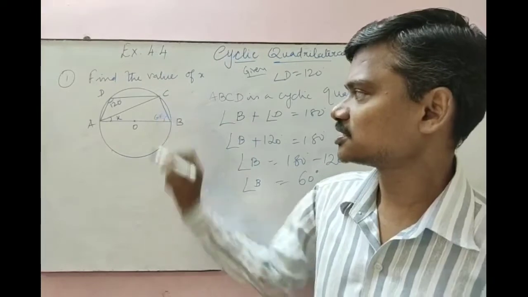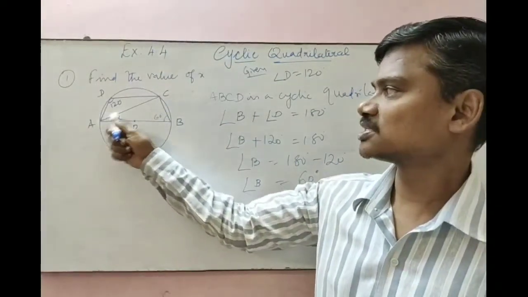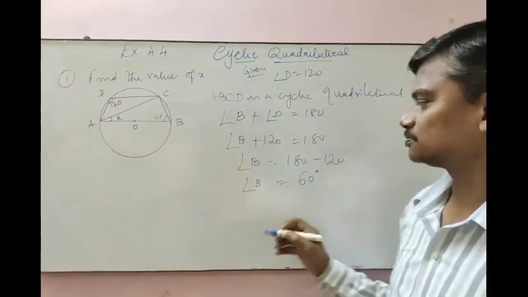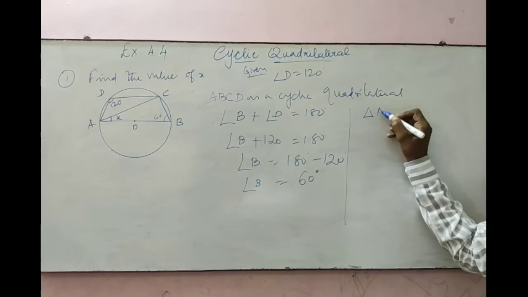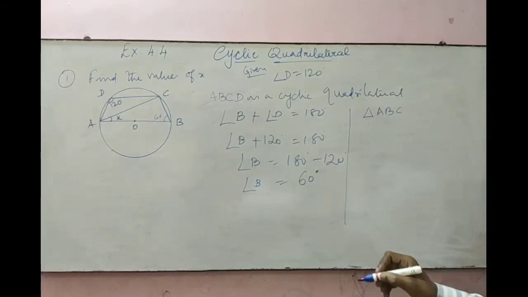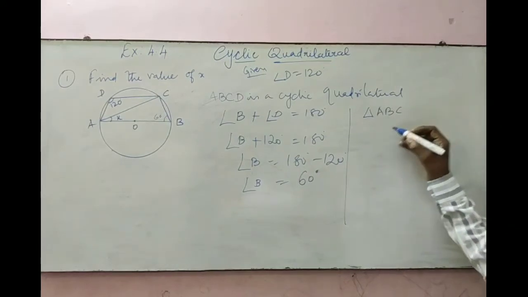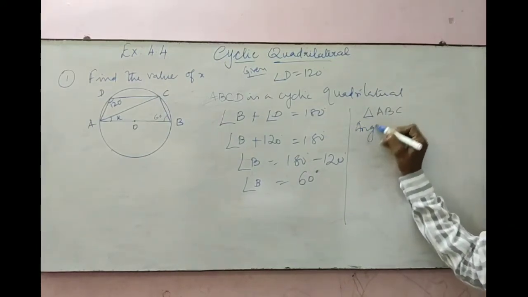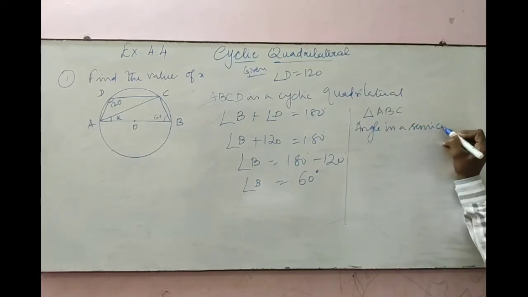Now this angle is 60 degree. Now we have to find the x. Look at this triangle ABC. Triangle ABC is a triangle in the semicircle. So angle in a semicircle is 90 degree.